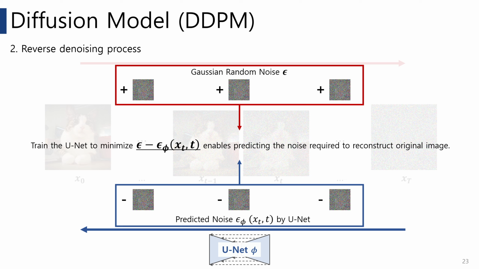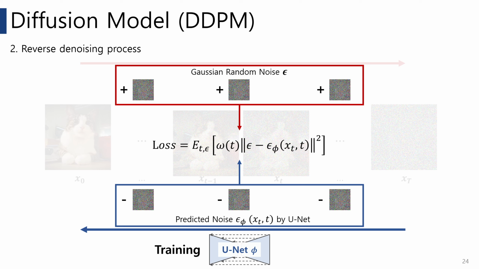So by training the UNet to minimize the difference between epsilon and epsilon phi, it learns to predict noise that closely matches the actual noise added. By removing this predicted noise step by step from noisy latent xt, the model can reconstruct the original image.